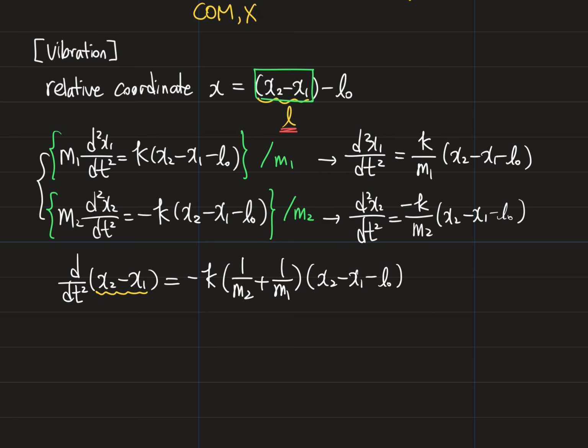So this should be equal to L0 plus x. And as I mentioned when we discussed the one-body problem, taking the second derivative of a constant doesn't have any meaning. So the left-hand side will be reduced to d square x over dt square.